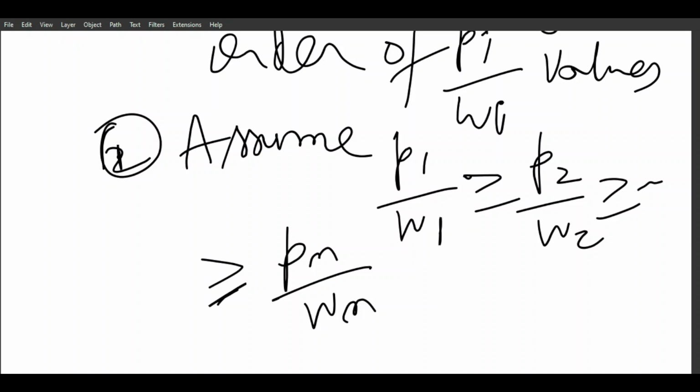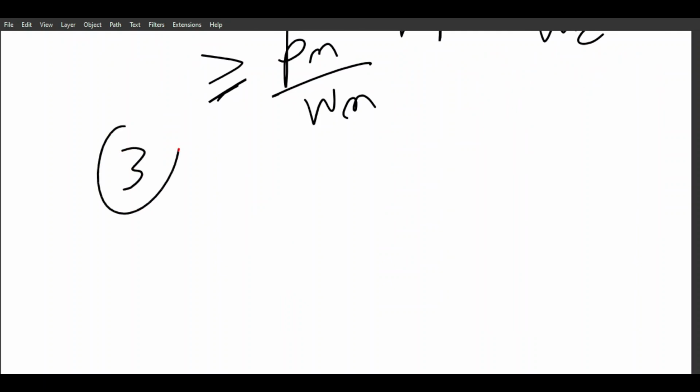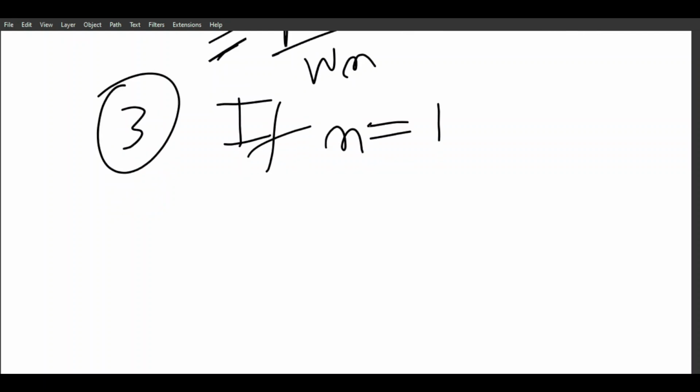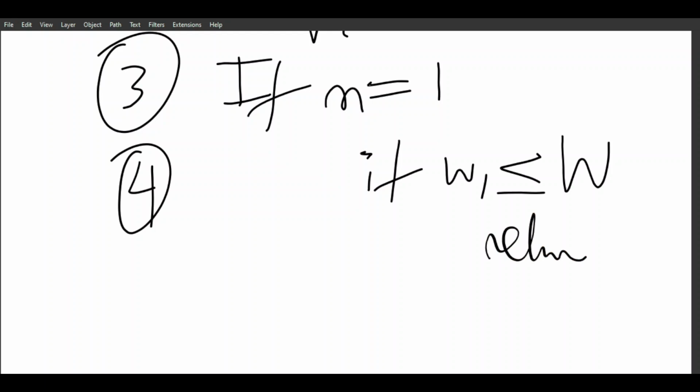It will simplify our proof. Third step, the base case is trivial. Suppose we have only one item. Then we check whether it can fit in the knapsack. If w1 is at most capital W, then return our solution 1, which means take item 1 completely, fraction 1.